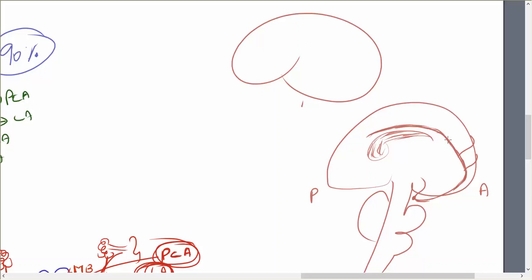Understand? This is how they give the branch. So now let's see in this way. It comes like this. Comes like this. Understand? Comes like this. This is the lateral sulcus.